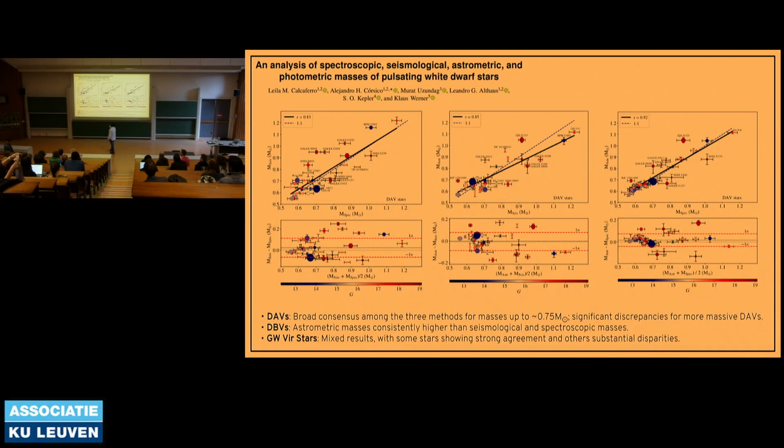Because there are many stars located in this region, right? So let's just focus on this residual plot. This is a Bland-Altman diagram. There is not much scatter here, up to 0.75, as you can see. But beyond that, the scatter starts.